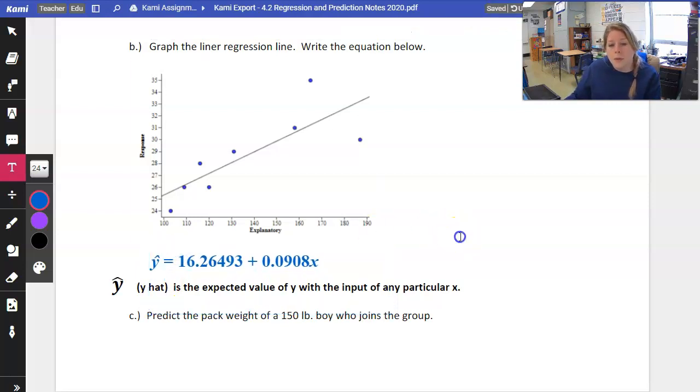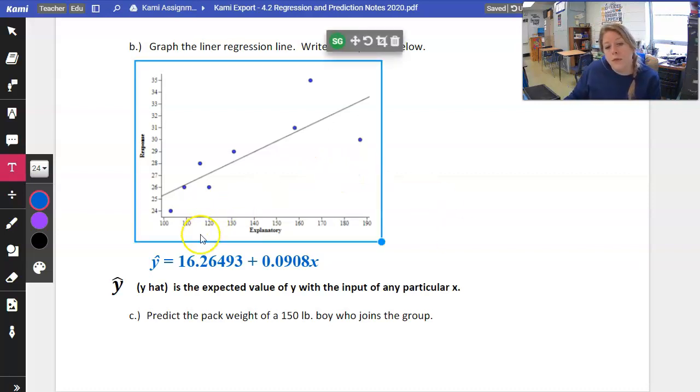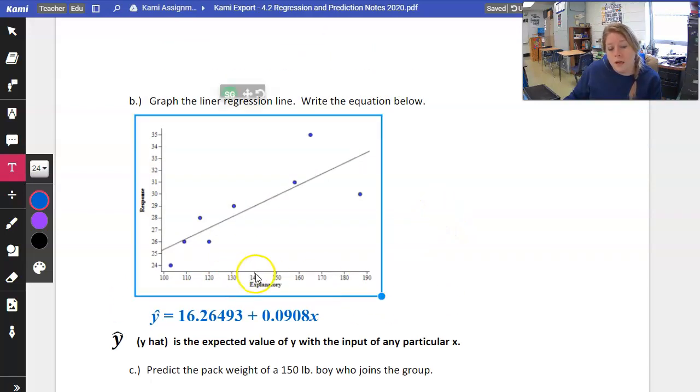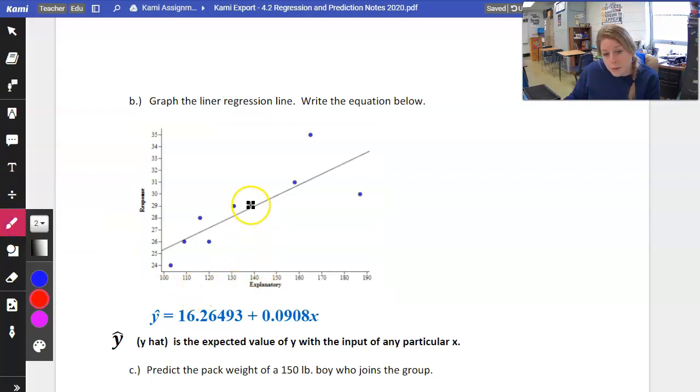Okay, so I want to talk about what this means a little bit. So y hat is the expected value. So if you put in 140 for x, it would give you the dot that would be right on the line, because that's the line of best fit, where we expect the data to be. If you put in 170, it's going to give you the dot that would be right there on that line.